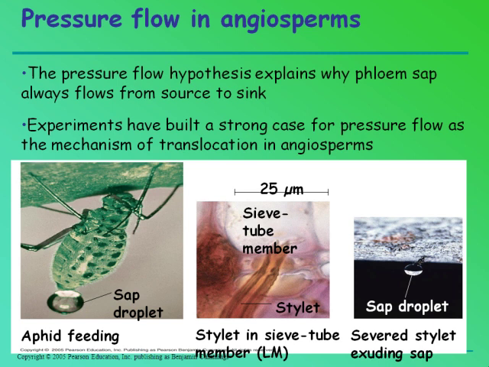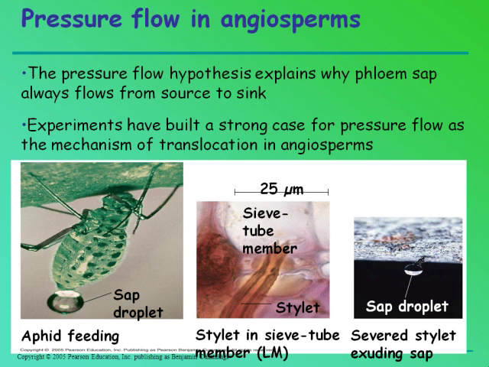Here a sap droplet from an aphid feeding, a stylet in a sieve tube member here, and a sap droplet from a severed stylet of an insect, and it's exuding sap. An aphid probes with this hypodermic-like mouthpart called a stylet, and it penetrates the sieve tube, which you can see right here.